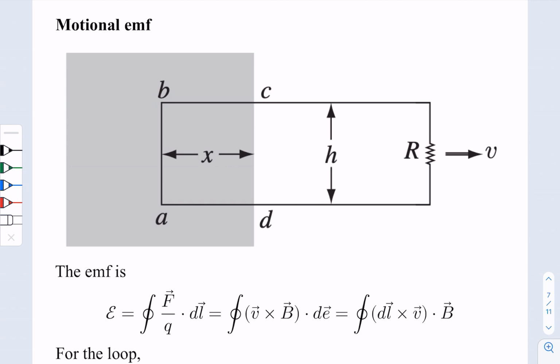So in this example, the EMF is generated by the motion of the circuit here. Say we move the circuit to the right.